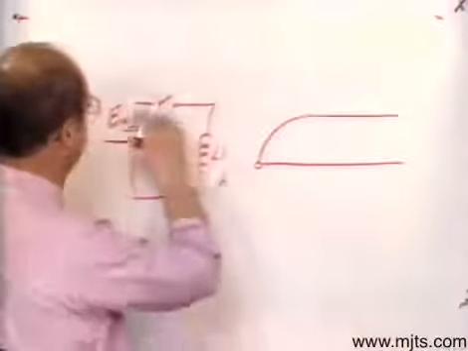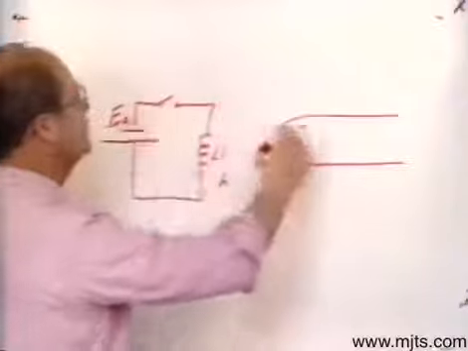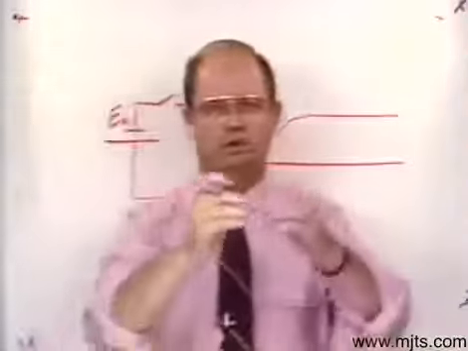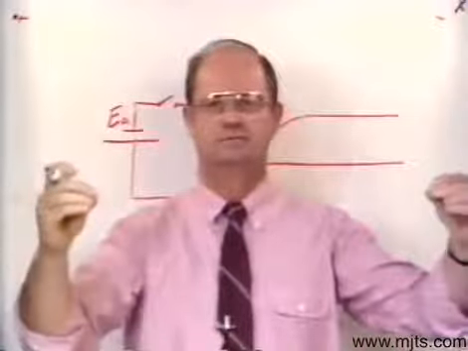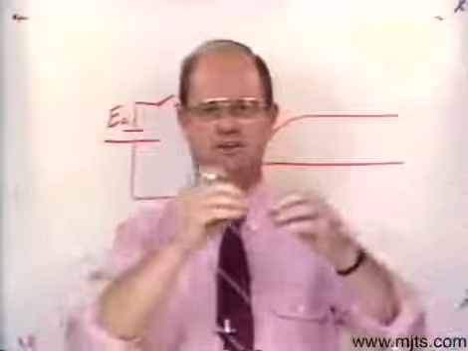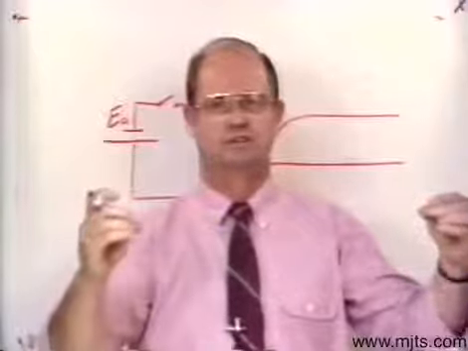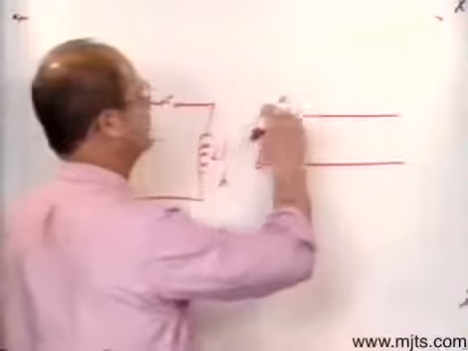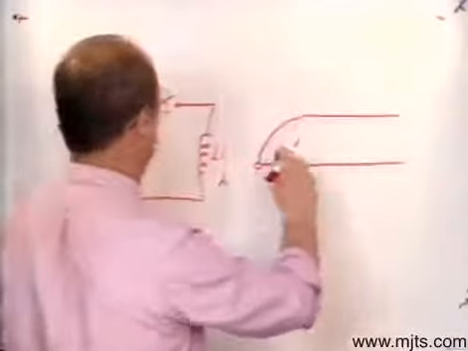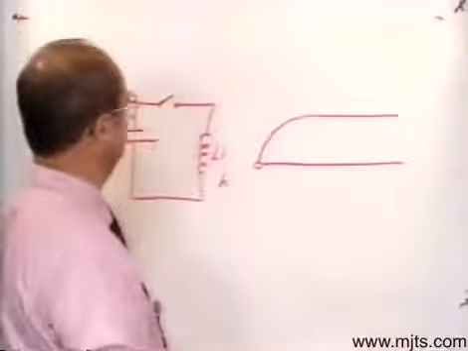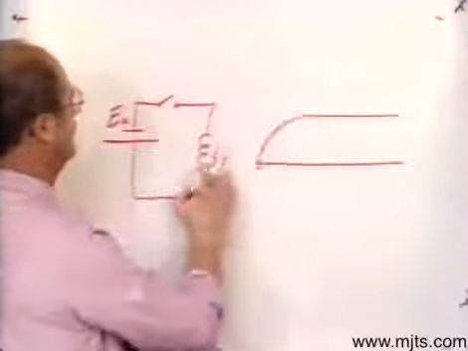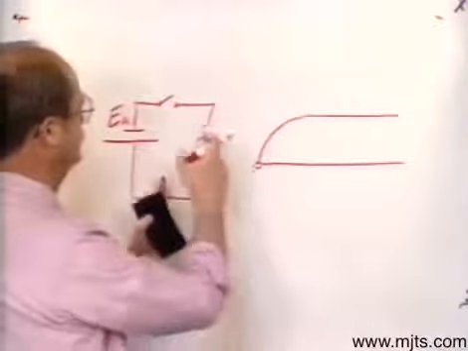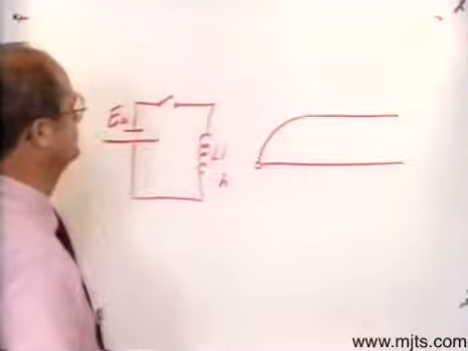Now once it reaches that full value, it's just like taking that coil of wire and straightening it out. All it sees now is the resistance of the wire itself. That resistance in turn would determine what the maximum amount of current flow would be at this point. You see? So this is important to understand. We get an opposition to a change in the current flow created by that inductor.